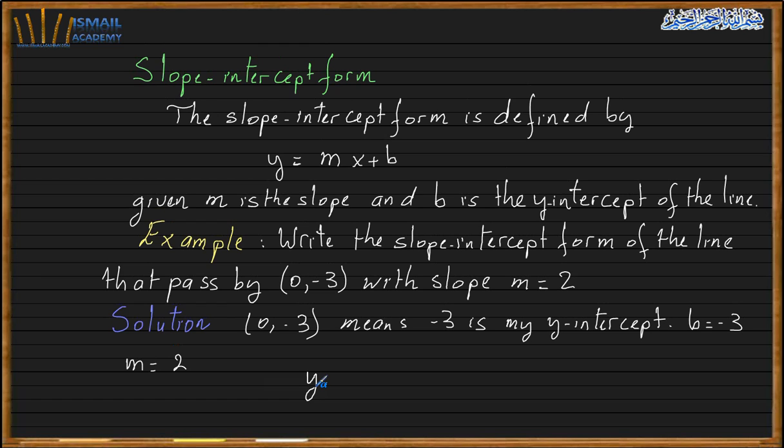Minus 3, which is going to be just minus 3. So this is the case if they give you the y-intercept, you don't need to do anything, just substitute. But they can give you another point.